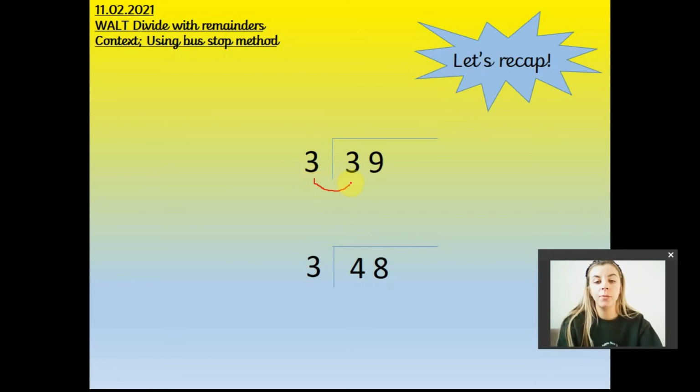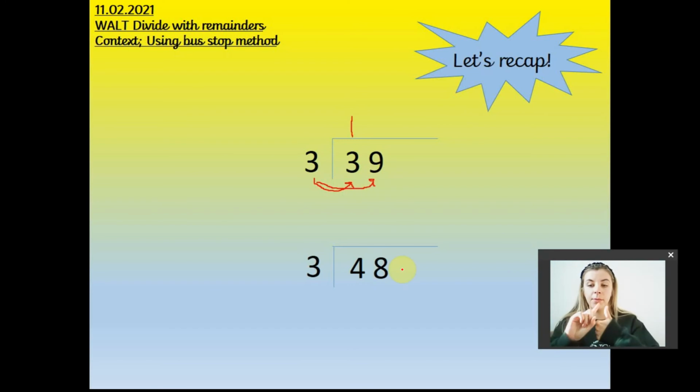First of all, we work out how many 3's go into 3. Obviously we know that 3 is actually 30, it's 3 tens. However, it's obviously a little bit easier for us if we just work out how many 3's go into 3. And if I do my 3 times table, I know that one 3 goes into 3. So we put that above there. And then I want to work out how many 3's go into 9.